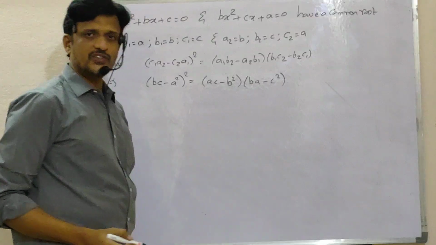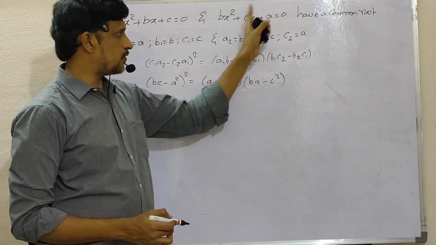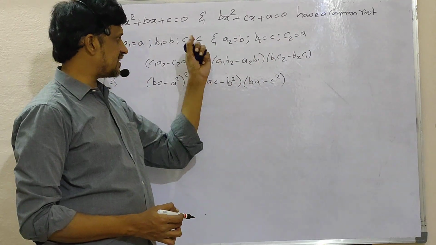Just substitute the values of a1, b1, c1 from the first quadratic equation and a2, b2, c2 from the second quadratic equation in the condition.